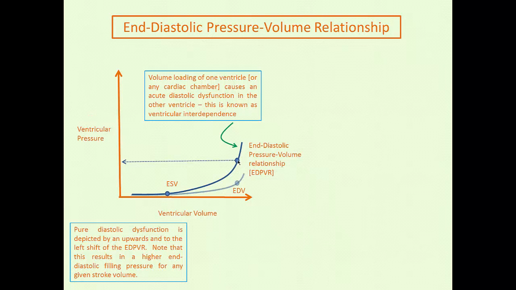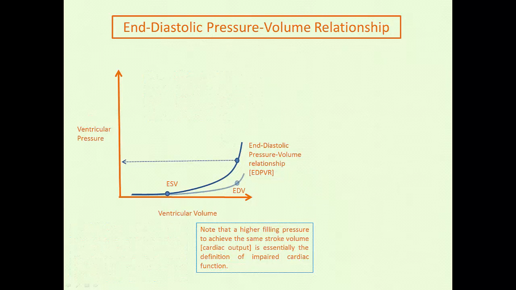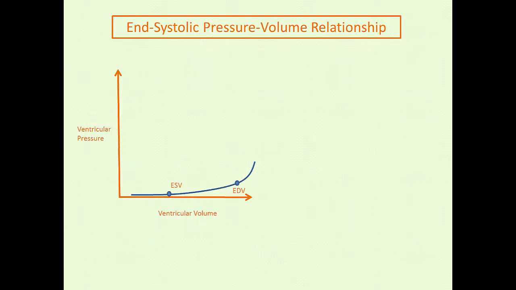And we could actually see this on his bedside echo: increase in his right ventricular volume, changes in the interventricular septum, and then changes in his end-diastolic pressure-volume relationship of his left ventricle. And so higher filling pressure to achieve the same stroke volume or lower stroke volume is essentially the definition of an impaired cardiac function curve, and would be represented by a down and to the right shift of the Frank-Starling curve.